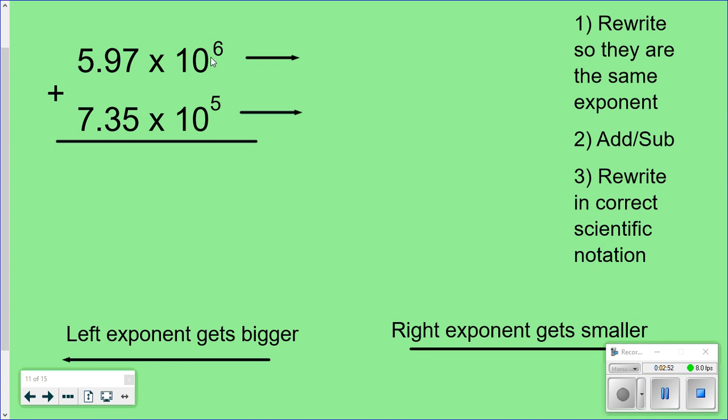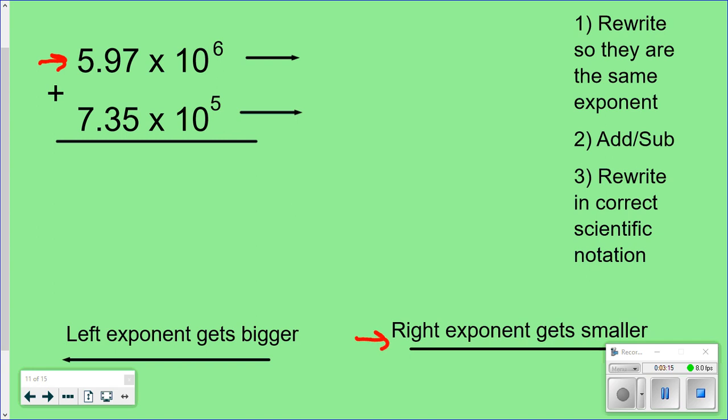So remember the other day when I said if you move the decimal to the left, your exponent will add 1, and if you move it to the right, it'll subtract 1. So I'm going to change this one right here to be a 5. If I want to change 10 to the 6th to be a 5, which way do I have to move my decimal? Well, I want the 6 to be a 5, so I'm going to move it right.